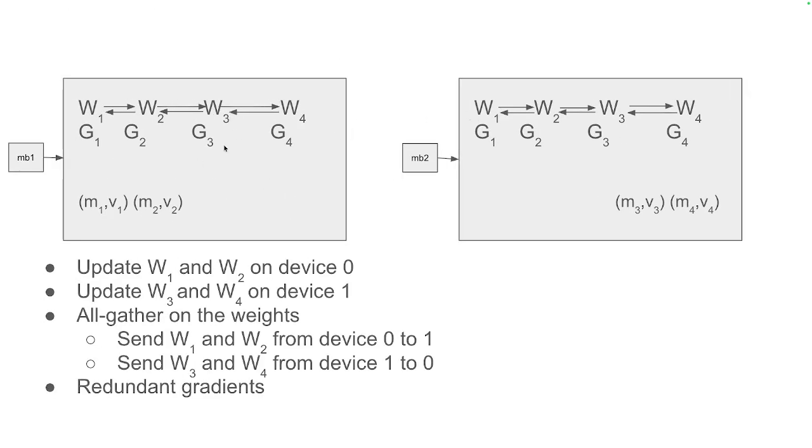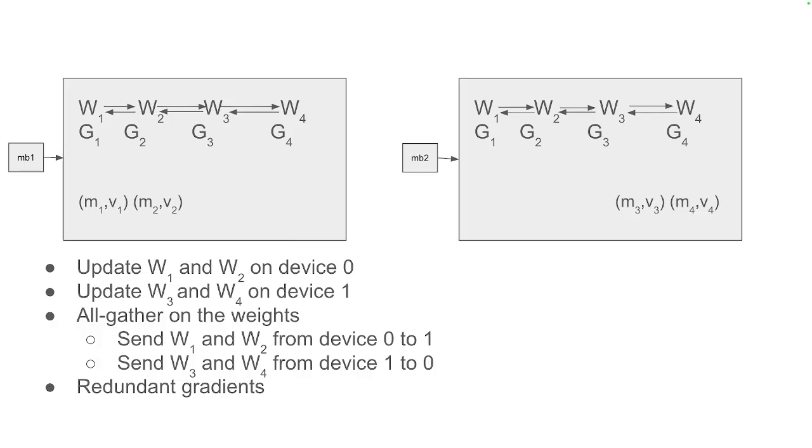When you do an all gather, this GPU will send W1 and W2 to this GPU, and device 1 will send W3 and W4 to this GPU. So you are basically doing an all gather operation here.